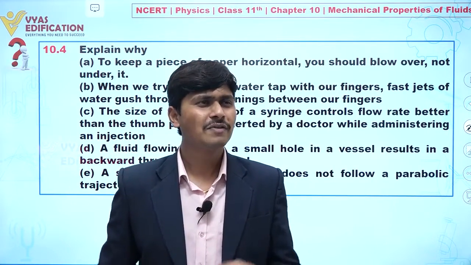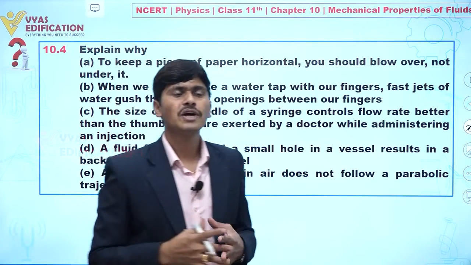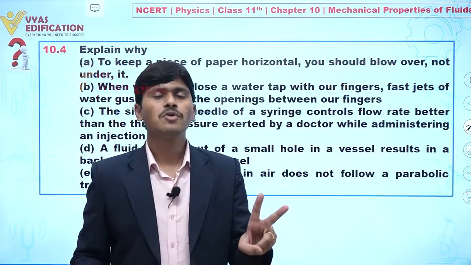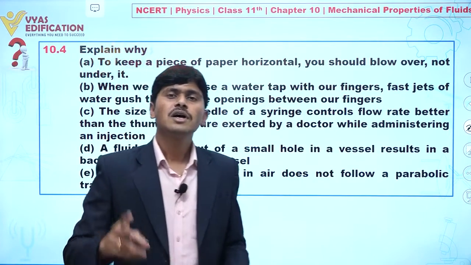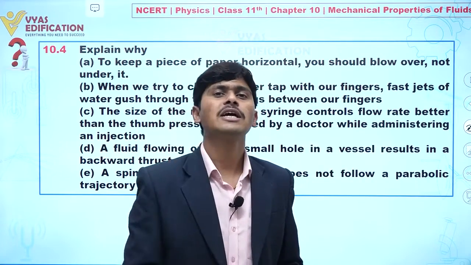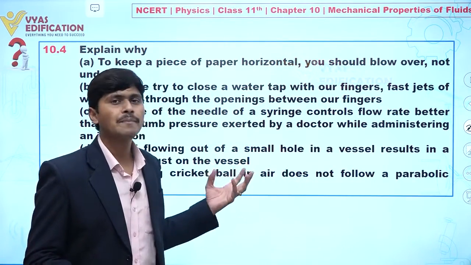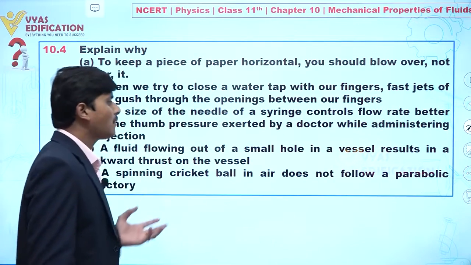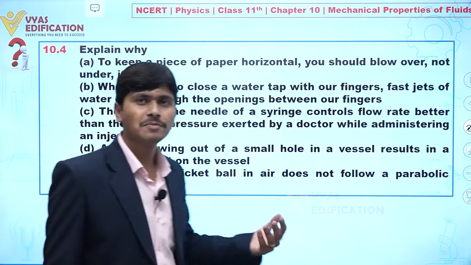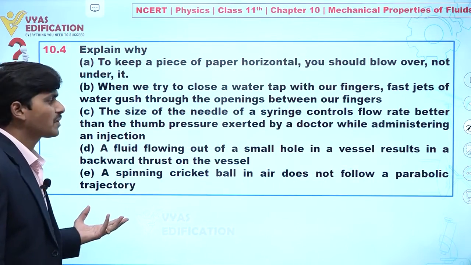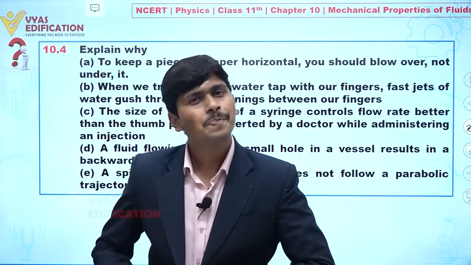Definitely you have heard about the words outswing and inswing ball, clear? Outswing and inswing occur because at the point of release the bowler is giving some twist to that ball, and that's why the Magnus effect occurs. The actual parabolic path that has to be travelled by the ball is not followed due to this Magnus effect. Clear? So this is all about this question.